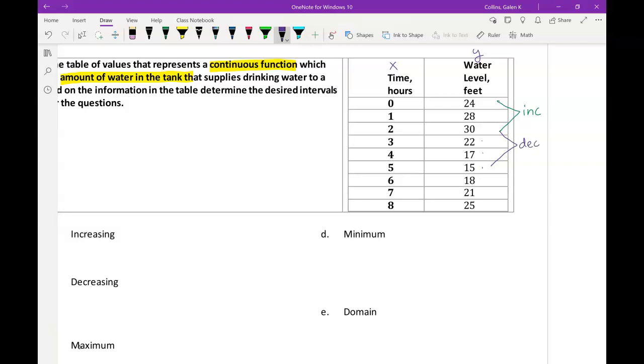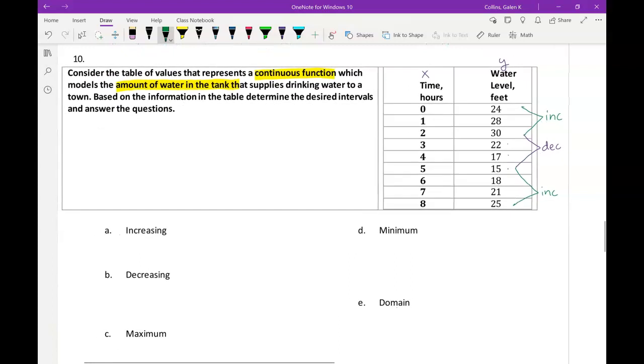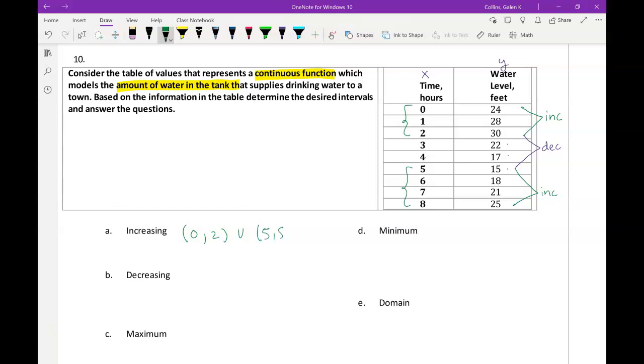And then starting where y is 15, again, the y values start increasing over this interval. So when we talk about our intervals where we're increasing, what we observe in the table is from x equals 0 to x equals 2, and then again from x equals 5 to x equals 8.